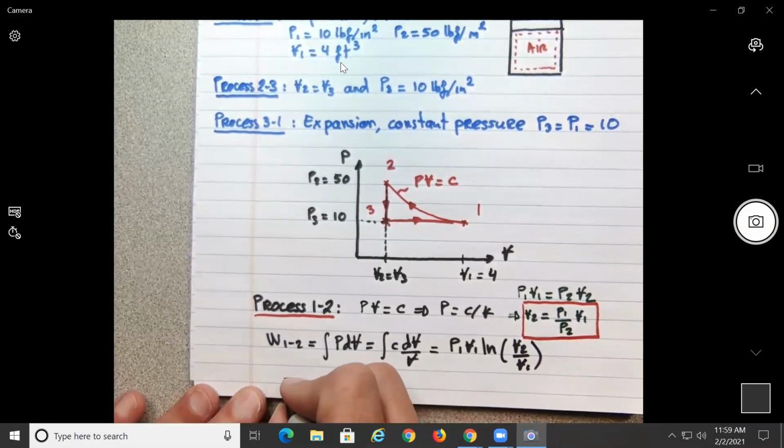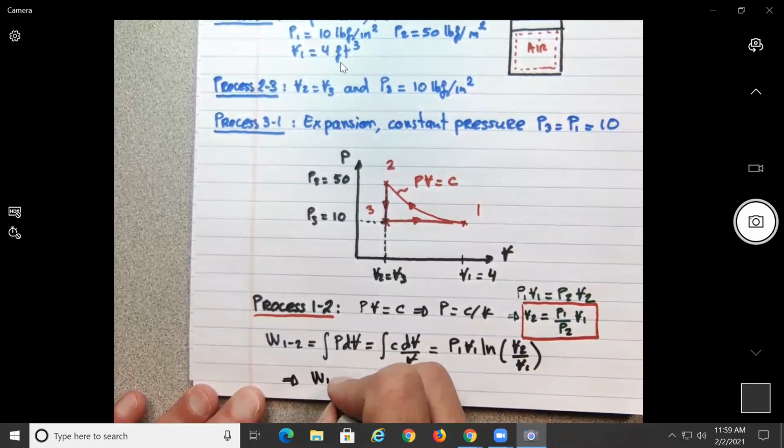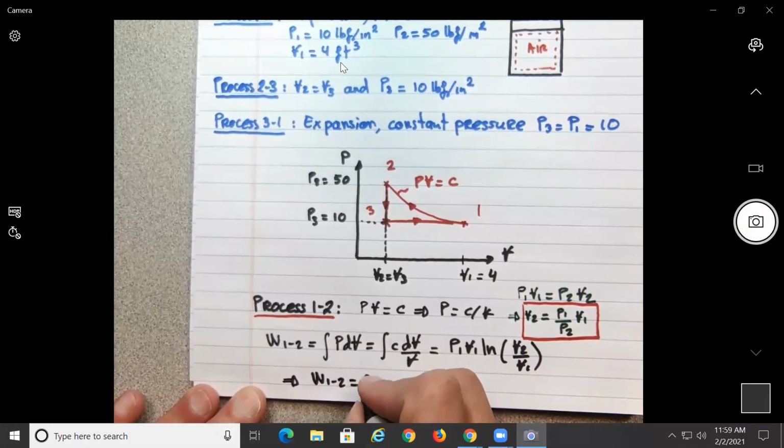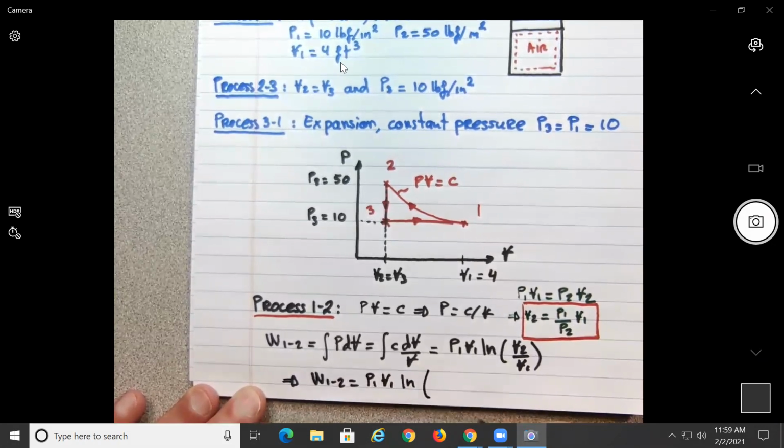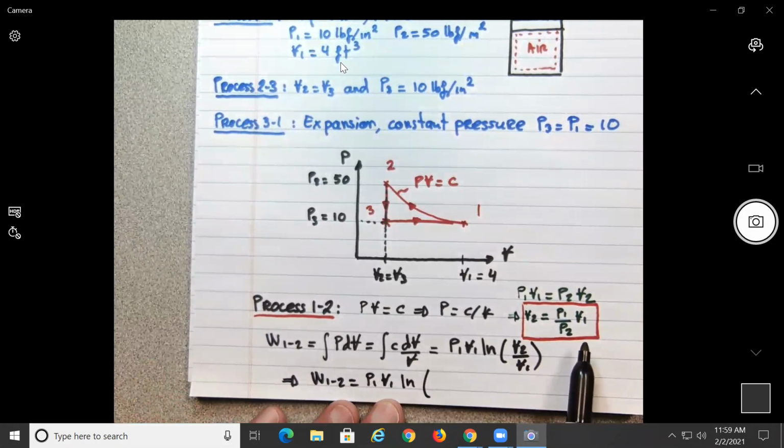So if I rewrite this equation, I try to leave it symbolic. What am I going to get? P1 V1 log. I mean, I could go and find the value, but let's see. If I substitute V2 by P1 over P2 times V1, the V1 will cancel out, no?